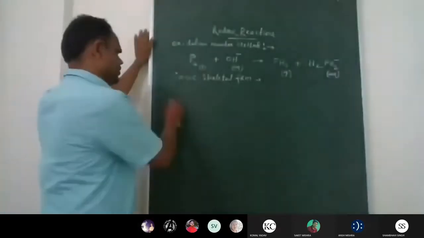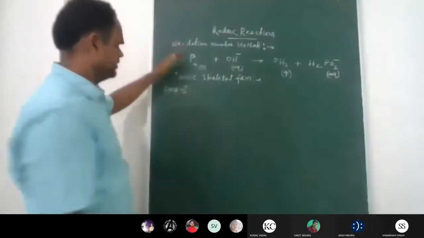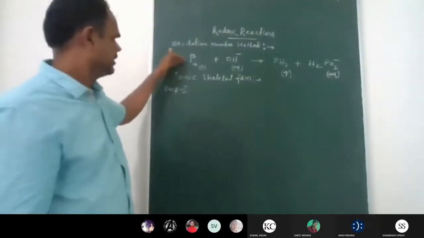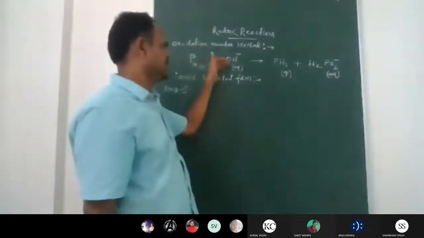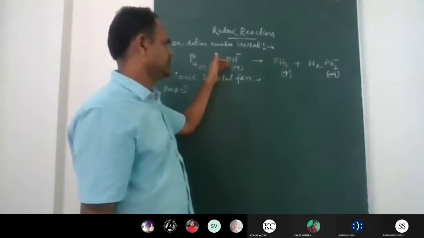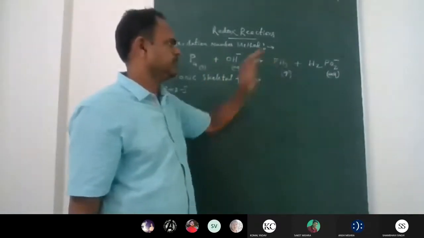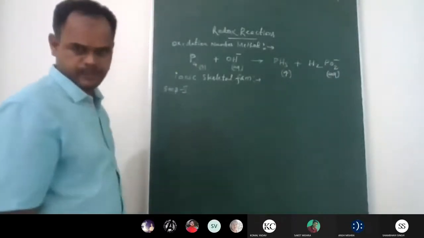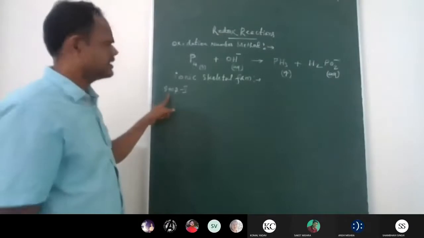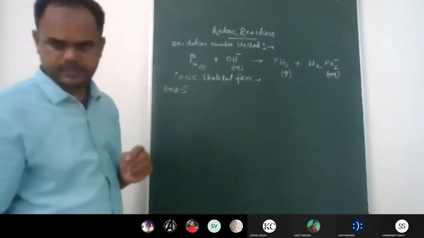So already you know we have to follow various steps. Step 1: the formulas are already written. Phosphorus in elemental form, hydroxide in aqueous solution, phosphine in gaseous form, and H2PO2 minus. So the formulas are mentioned, and step 1 is correct and easy to balance.